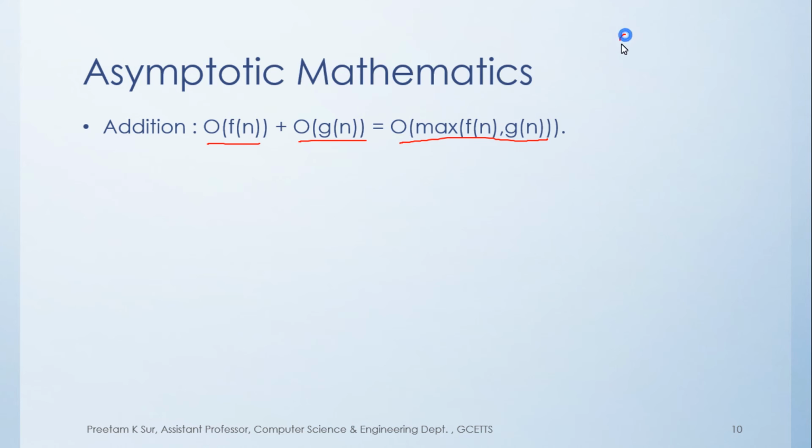It means that if you have a function which is order of n, and you are trying to add it with another function which is order of n cube, the resultant function of that addition will be order of n cube only. Okay, the maximum of these two.